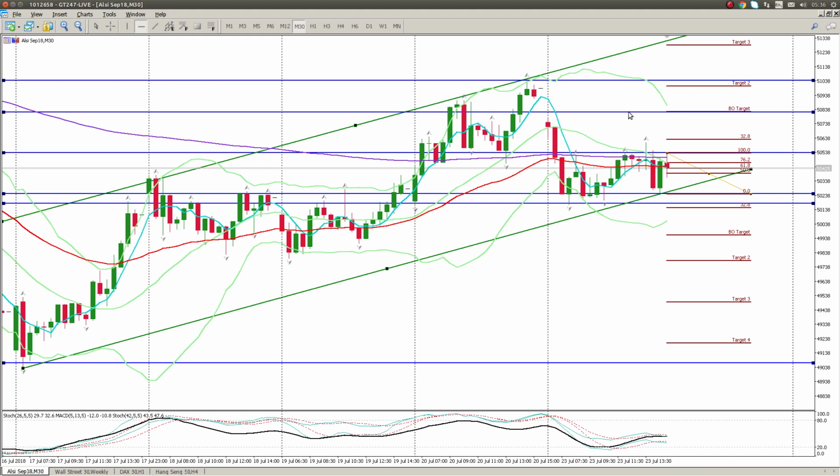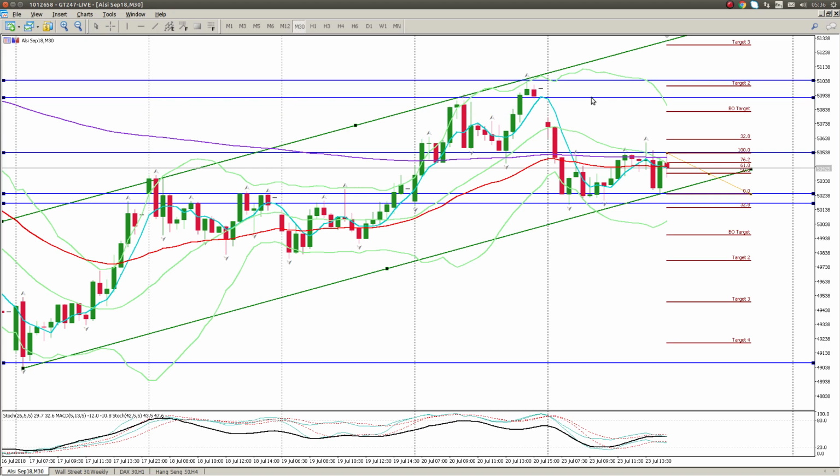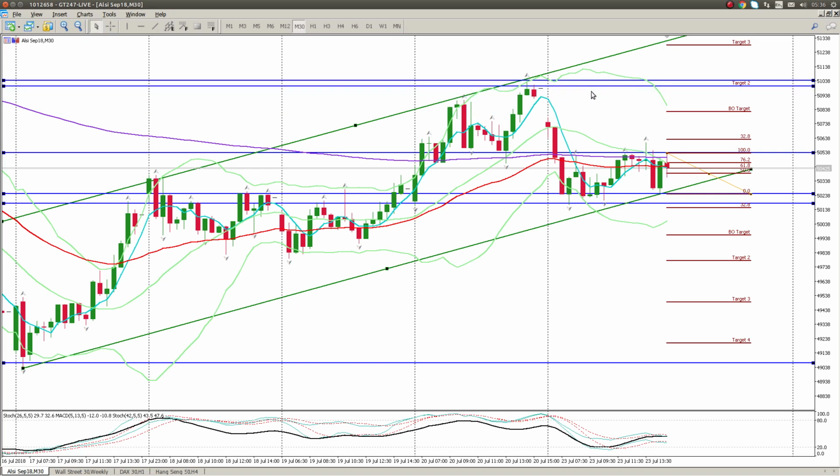The first target is going to be pretty much on these inside tails here, and that's going to be 50,770, and your second target will be these tails here, this zone if you want to call it, and that would be 51,000 on the dot. So that's kind of the targets to the upside.